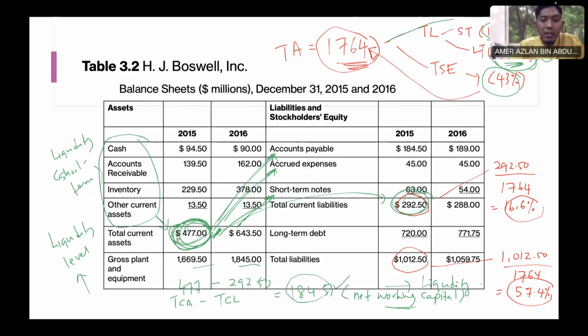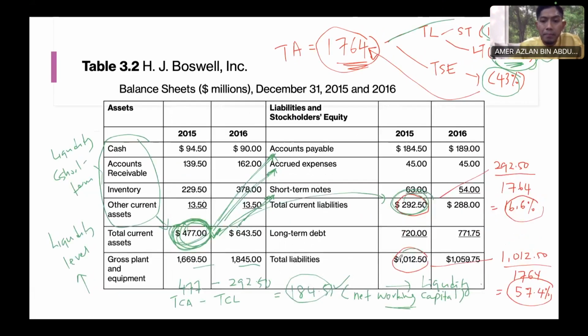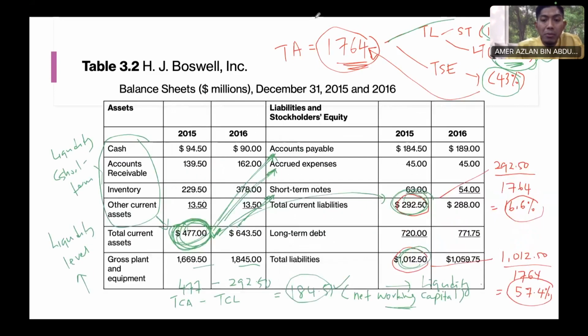And you can see here as well, the fixed assets are very high compared to the long-term debt. So it's not a problem if the company has a high value of debts, as long as they have a high value of current assets and fixed assets as well.